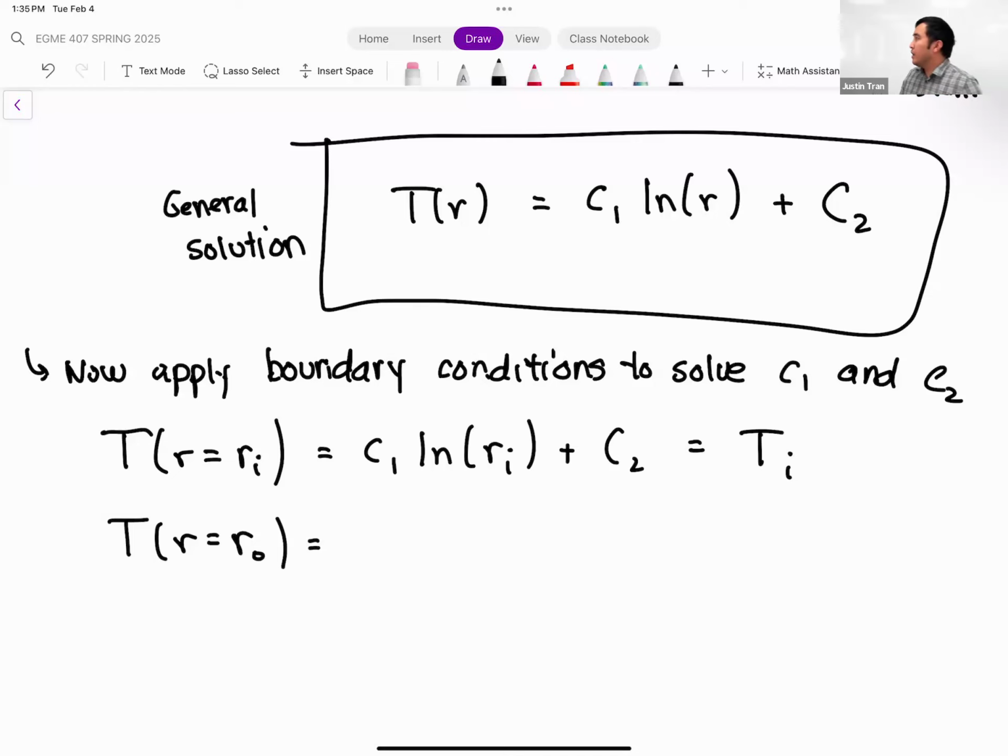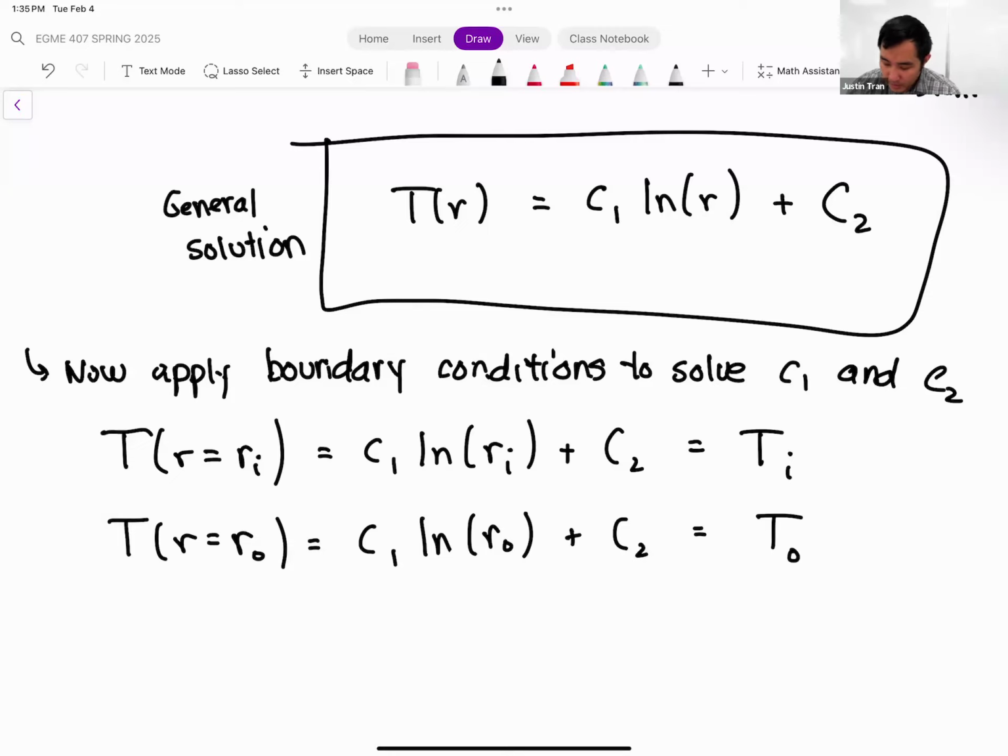Our other boundary condition is when r is equal to Ro. So let's plug in Ro. We have C1 times ln of Ro plus C2 is equal to To. In other words, we know the temperatures at both the inner and outer radii. This is how it's expressed mathematically.